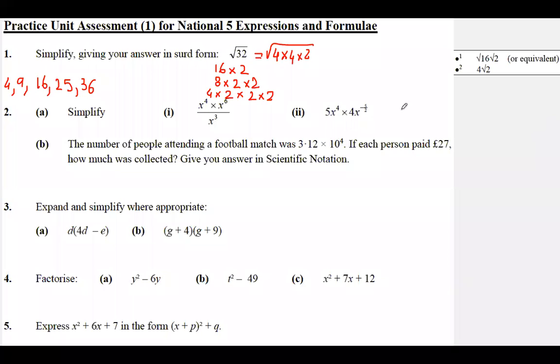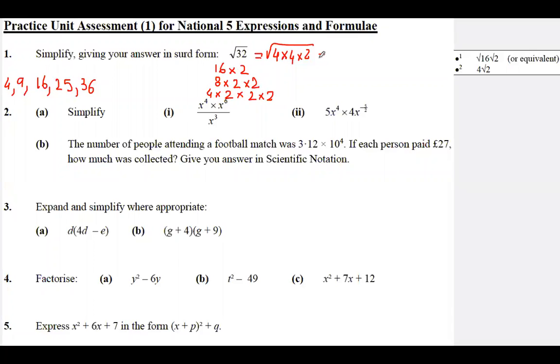Okay, so that's why I've got here in the side of the paper the marking, how they do it. So you would go 2 marks. But even if you had just come and said, oh, I can see this is 4 root 2, you will still get your 2 marks. But if you hadn't got 4 root 2 and you only put root 16 times root 2, you would just get 1 mark.